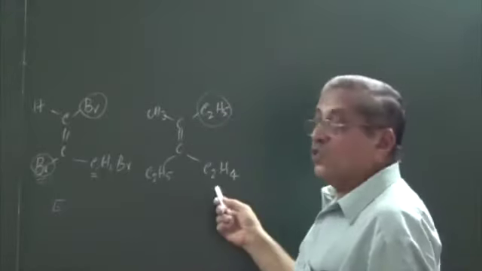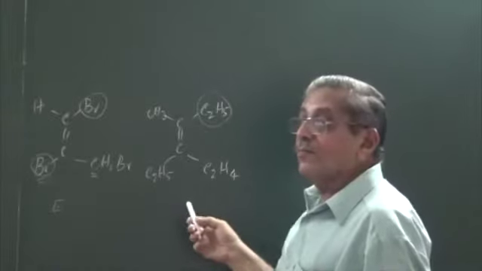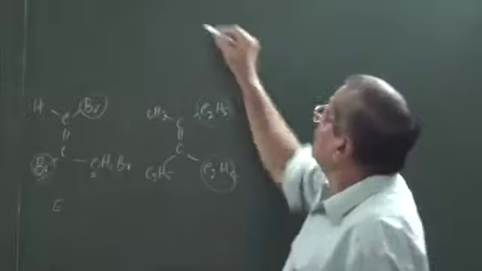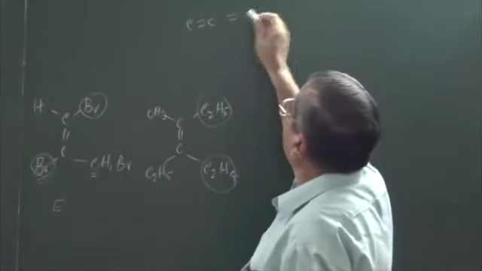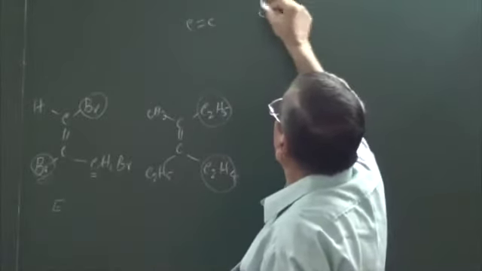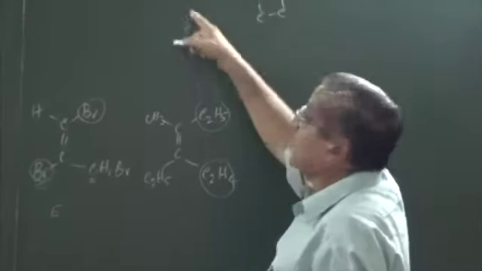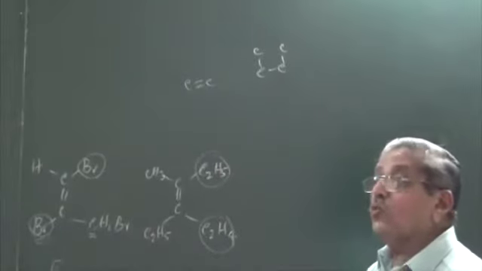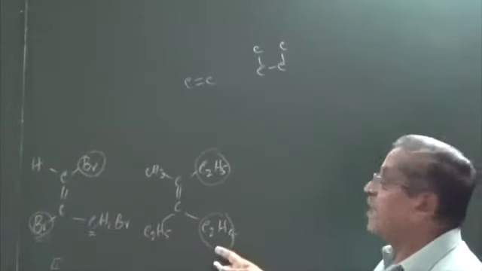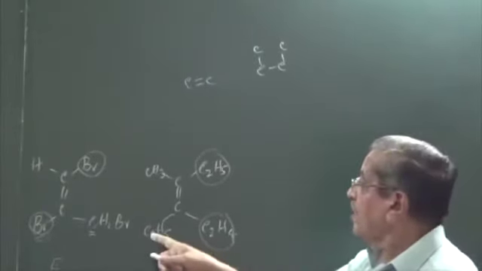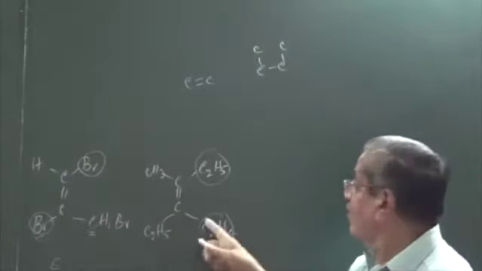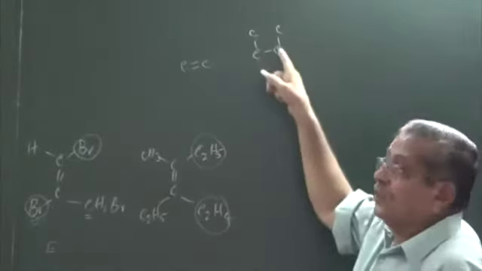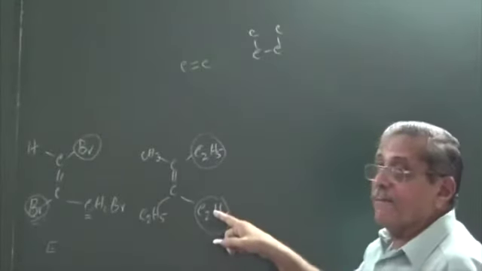Between C2H5 and C2H4, C2H4 is of higher priority, because C double bond C is considered as though it is C, C, attached to two more carbon atoms. Here it is attached to only one carbon atom, while the other is attached to two more carbon atoms. Therefore, this is of higher priority.